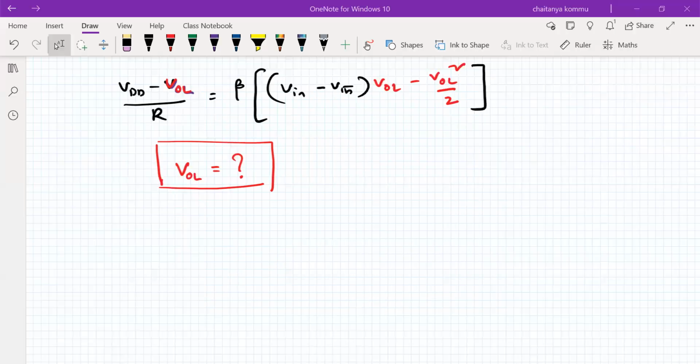Just a second, I want to do one thing. So this is the equation that we have to derive.